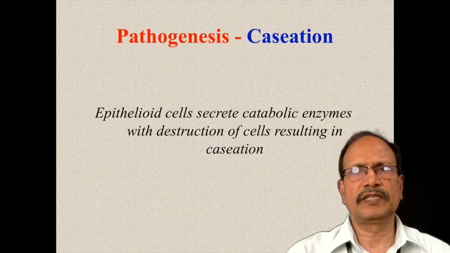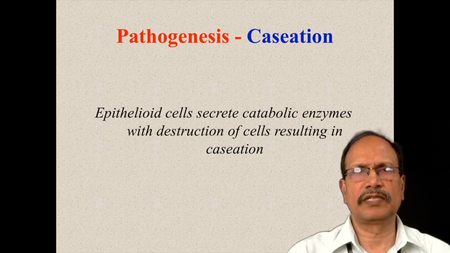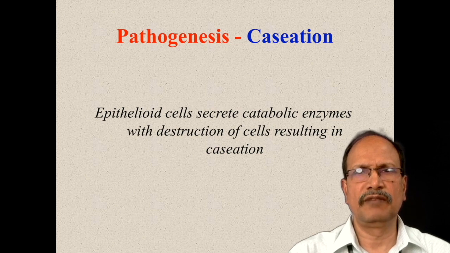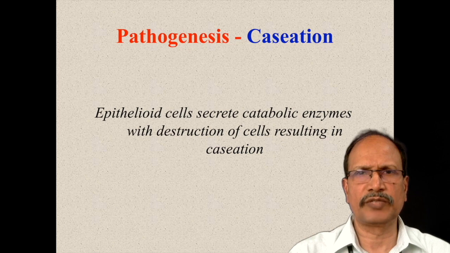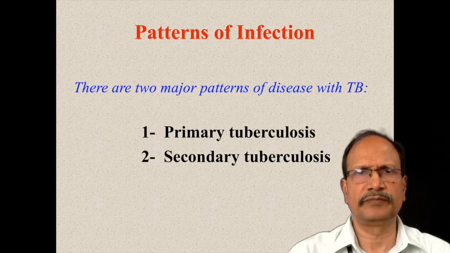Ultimately, these macrophages, or epithelioid cells, secrete many catabolic enzymes which destroy the cells. These destroyed cells become powdery, which can be appreciated under the microscope as a powdery type of necrosis called caseous necrosis.